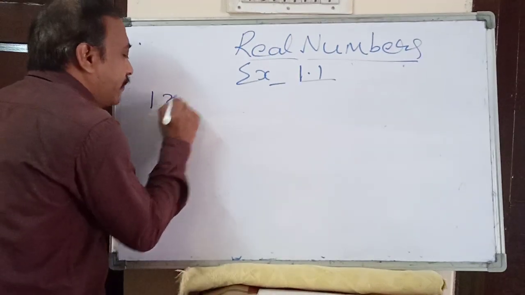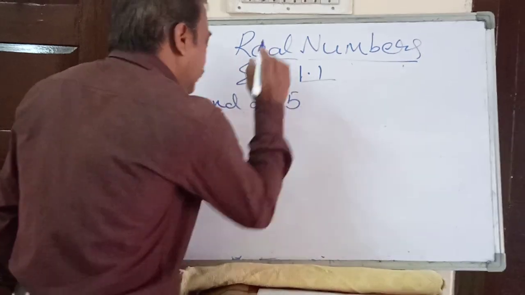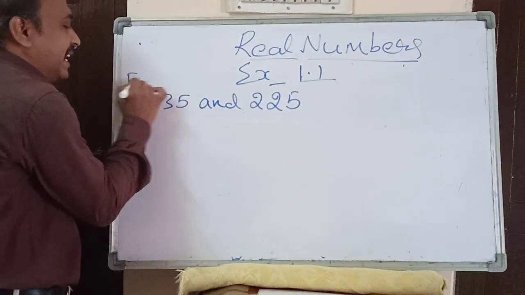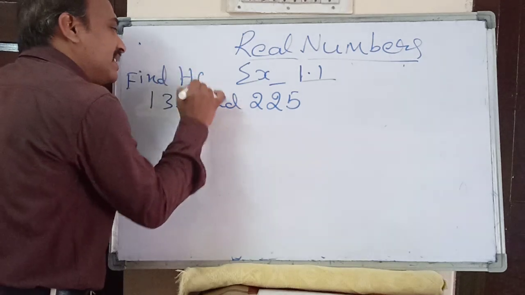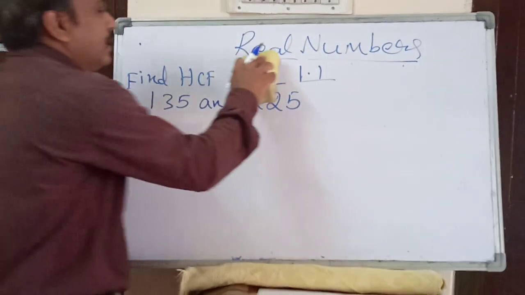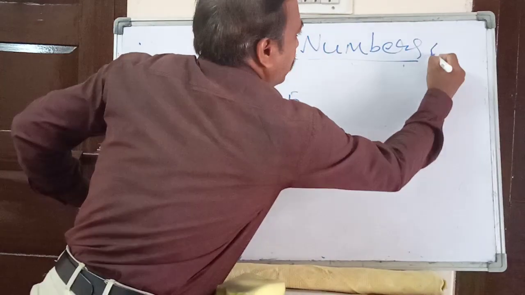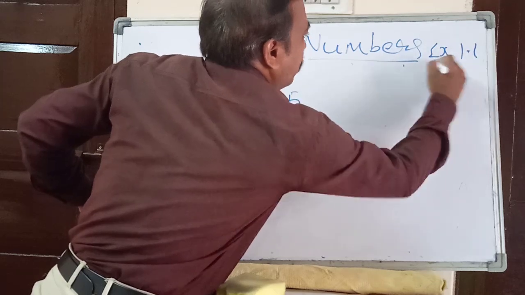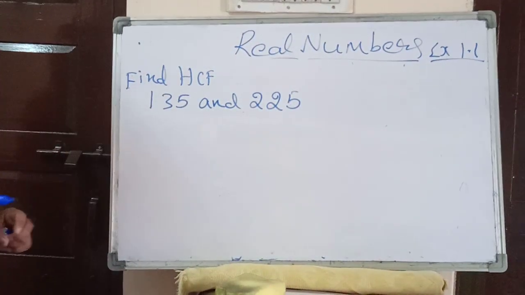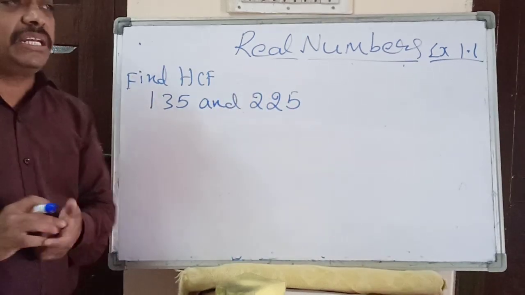So 135 and 225, these are the numbers for which we are going to find the HCF, by using Euclid's division algorithm.